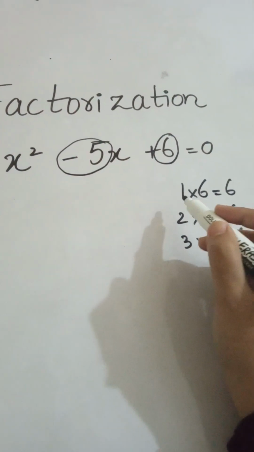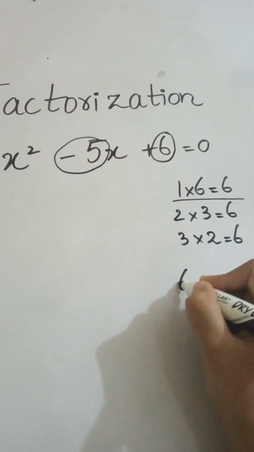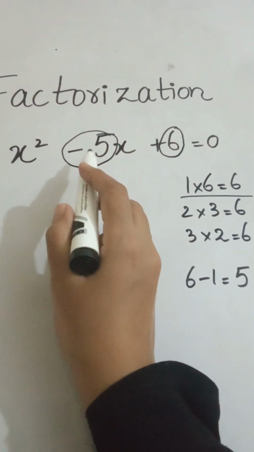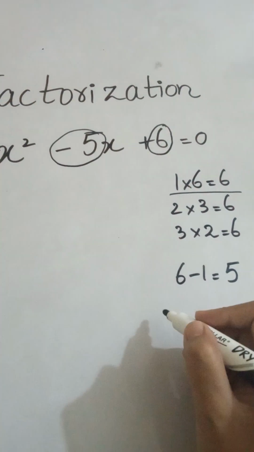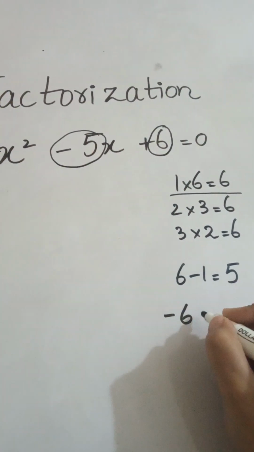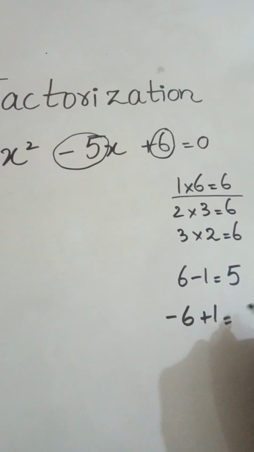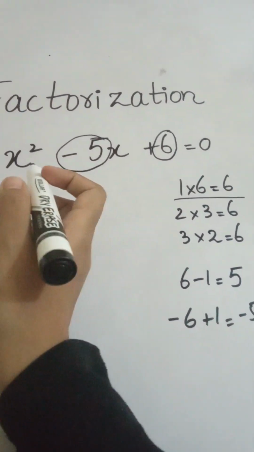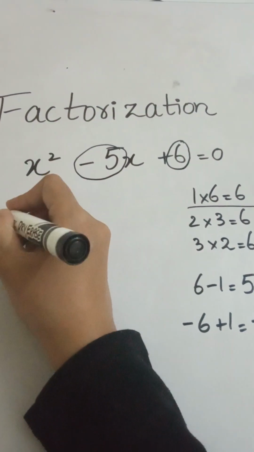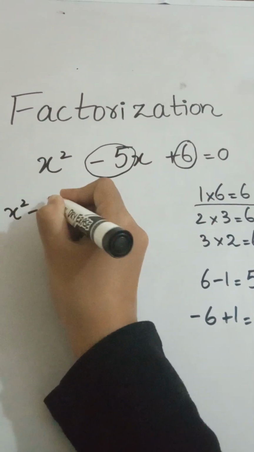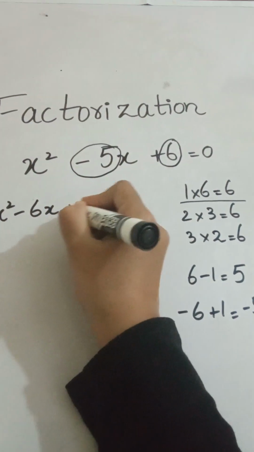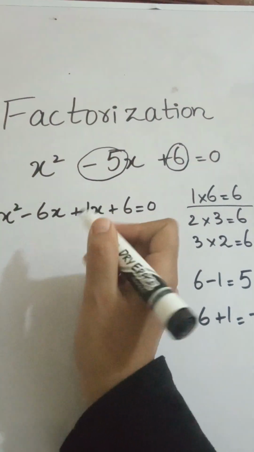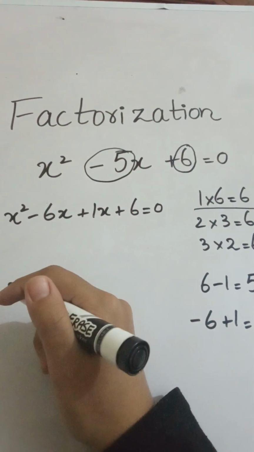Okay, so first of all I will check this one. If I do 6 minus 1, then I will get plus 5, but I want minus 5. I have to check the sign as well. So if I write minus 6 plus 1, then I will get minus 5. Okay, so I will try whether it will give me the correct factorization or not. So I will write x square minus 6x plus 1x plus 6 is equal to 0. But it will not give me the correct factorization.